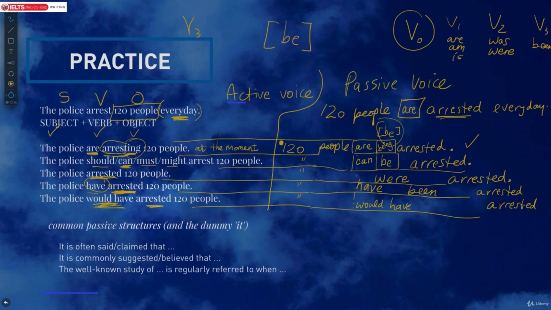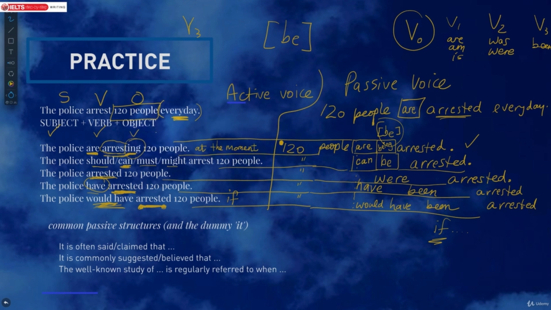And a third conditional, if you subscribe to my IELTS grammar course, you'll know all about these sort of things. But arrested is verb 3 of been again, and so that doesn't change. So 120 people would have been arrested if they had enough police numbers, or if they'd stepped any further, or it's a conditional. Okay.